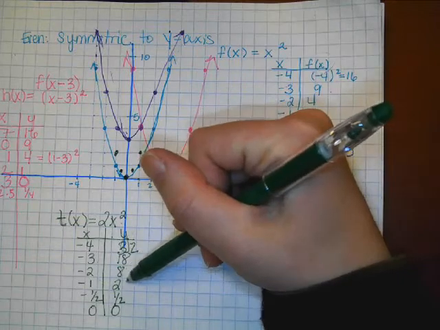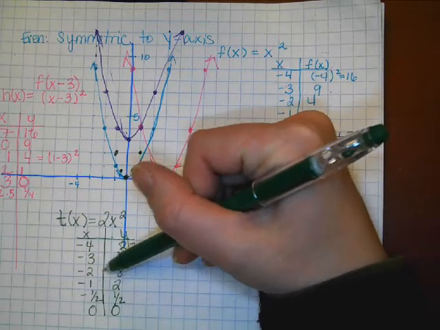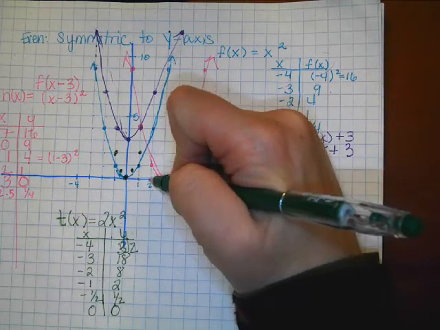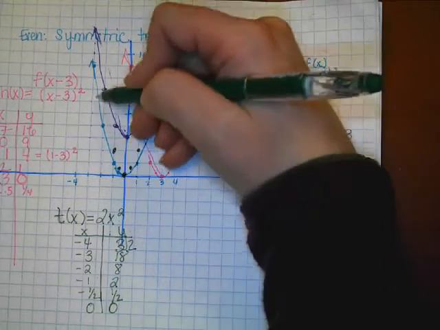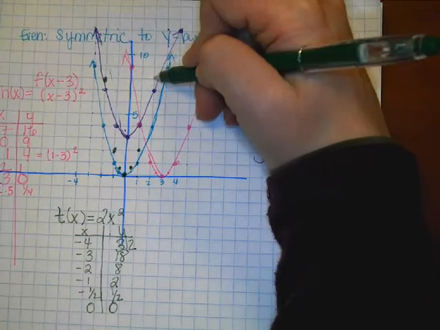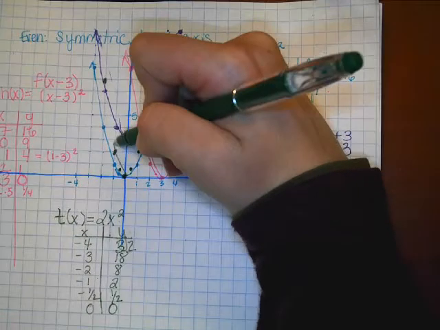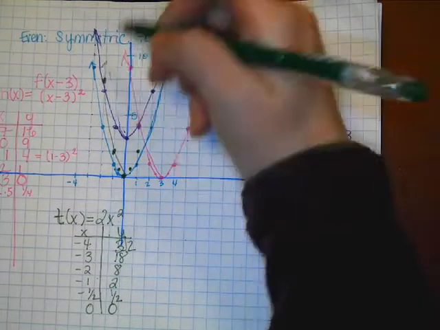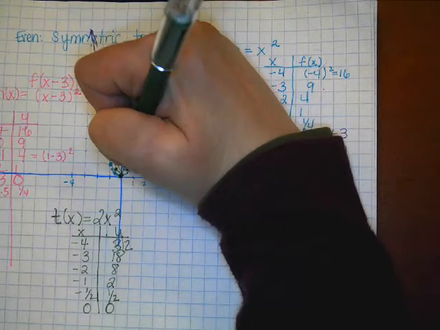At negative 1/2, it's also 1/2. Instead of negative 2, 4, I have negative 2, 8. So at 2 and negative 2, it's all the way up here at 8. 2, 8, and negative 2, 8.